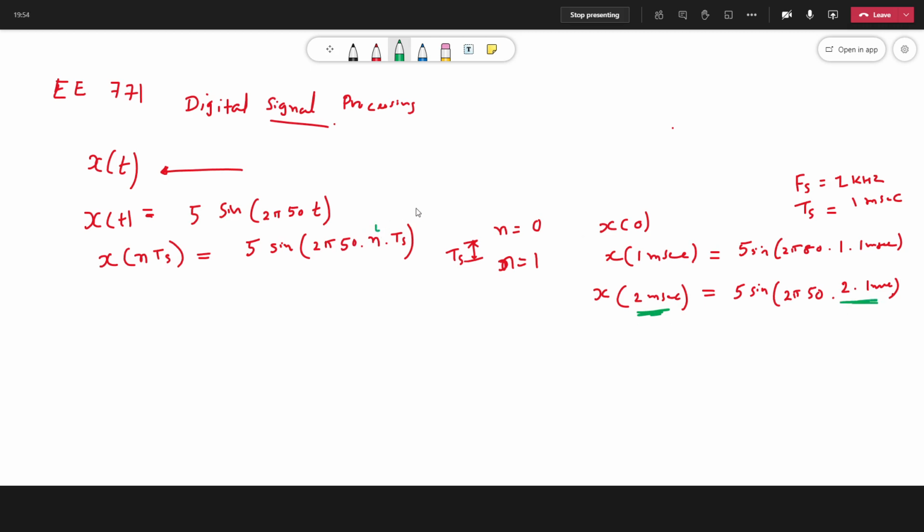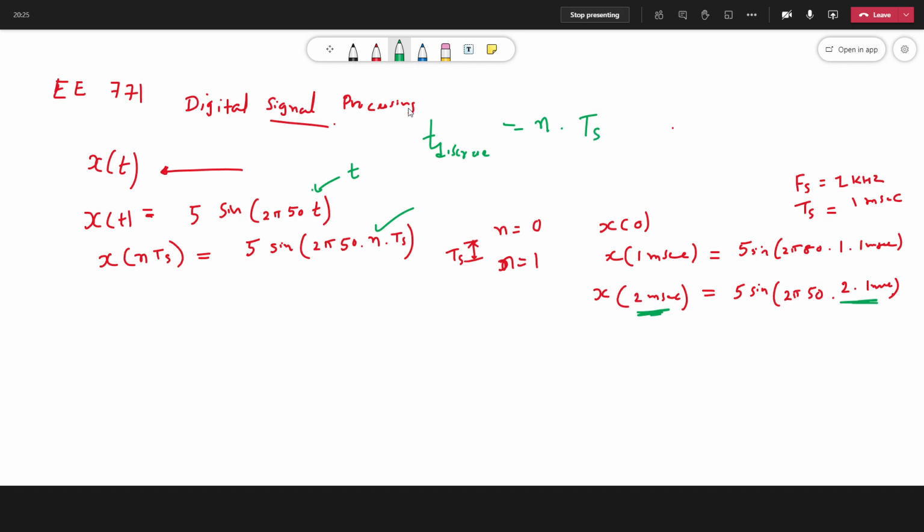So this is a correct way to represent a continuous time variable t as a discrete time t. So discrete time t can be given by small n into sampling interval Ts, where n is an integer.